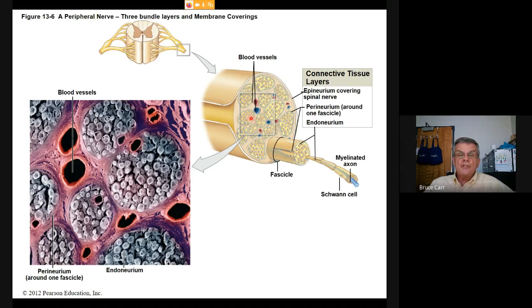Within it, though, you see bundles called, again, fascicles. And the fascicle, shown here extended, is surrounded by a perineurium around one fascicle, and the fascicles are full of smaller tubes. These are the myelinated axons, and this is one individual axon in the Schwann cells. It is surrounded by an endoneurium.